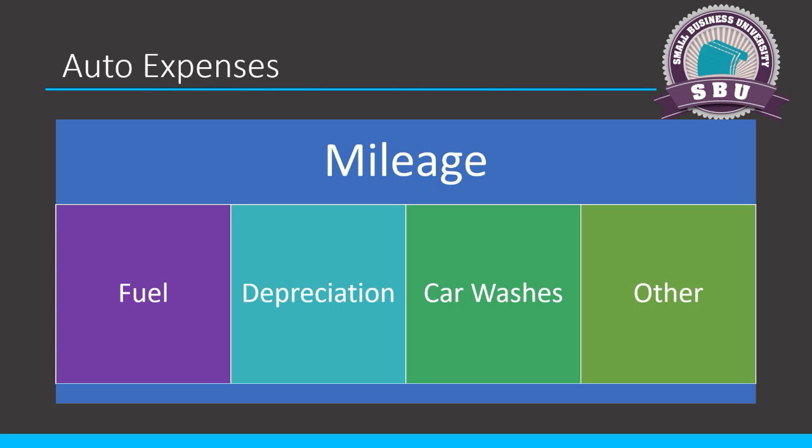Sometimes it's pretty easy to know whether a client is going to be mileage or actual expenses. I'm going to show you how to have an idea which category a client will fall into. To figure this out, you need to find out what the value of their car is, okay?